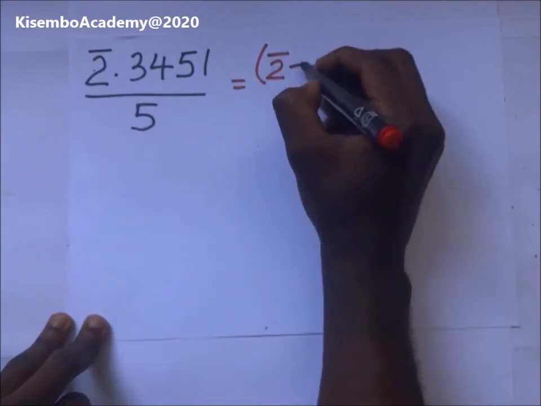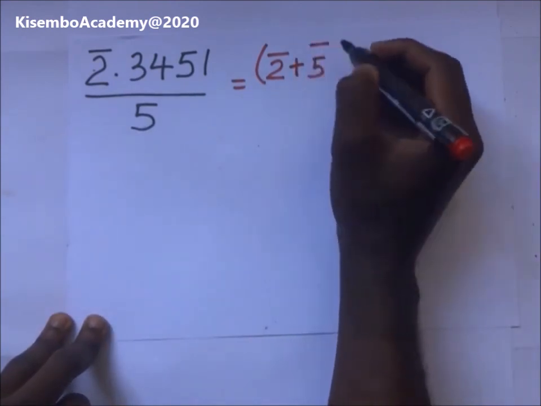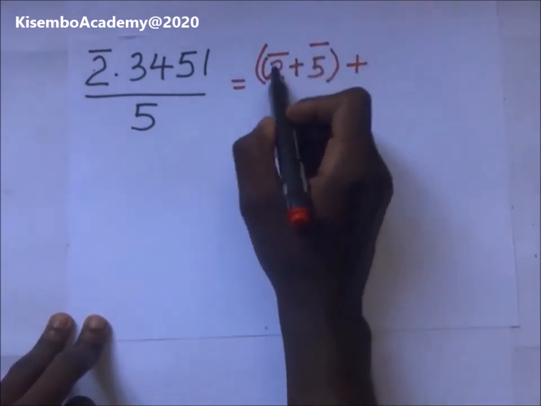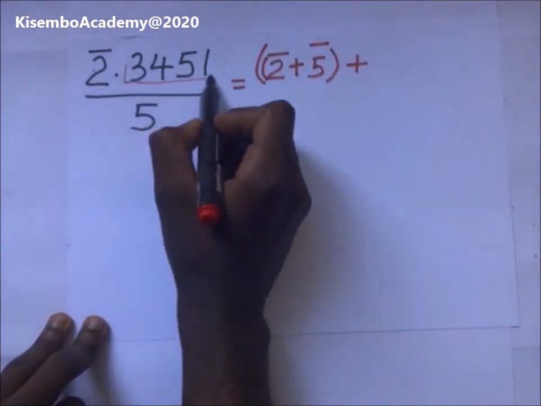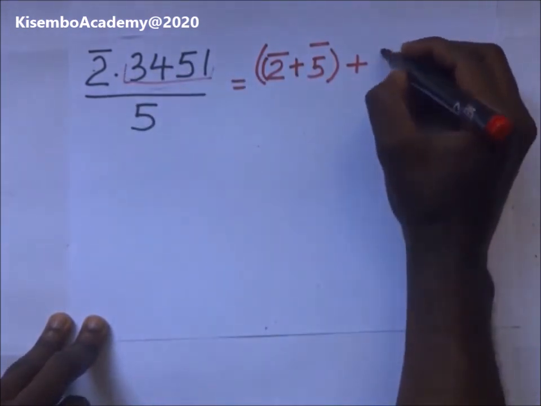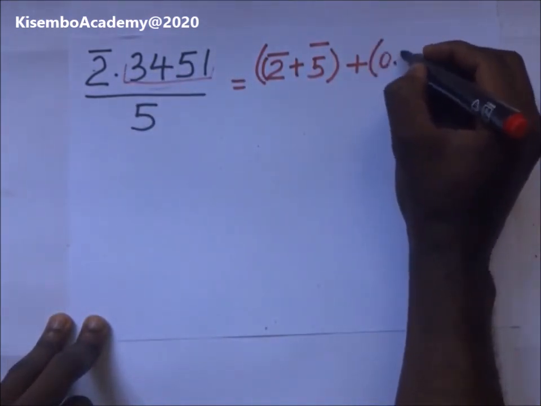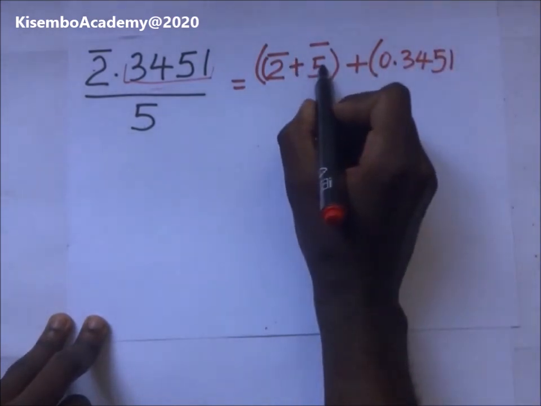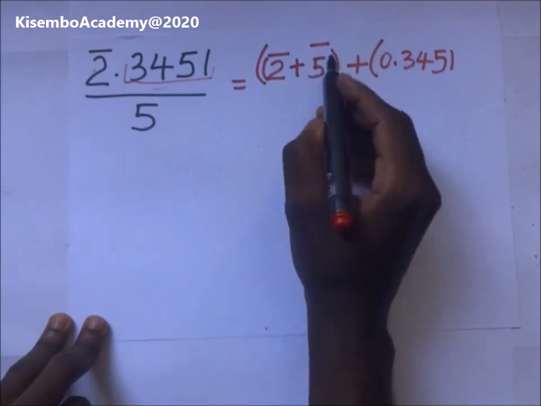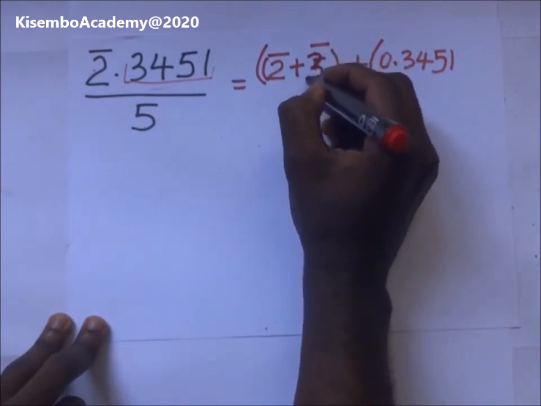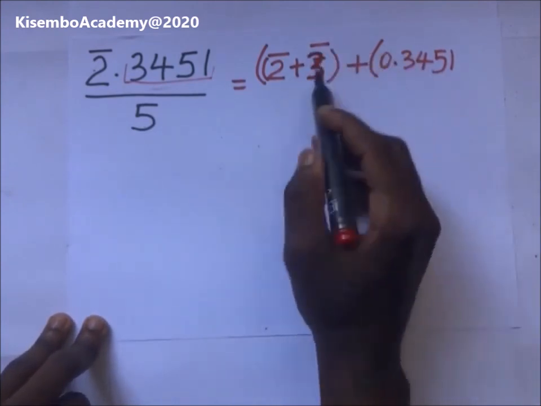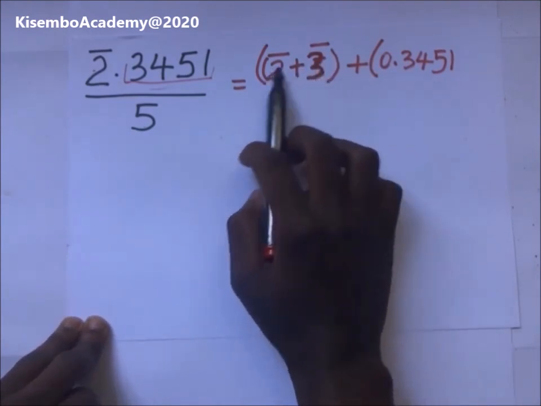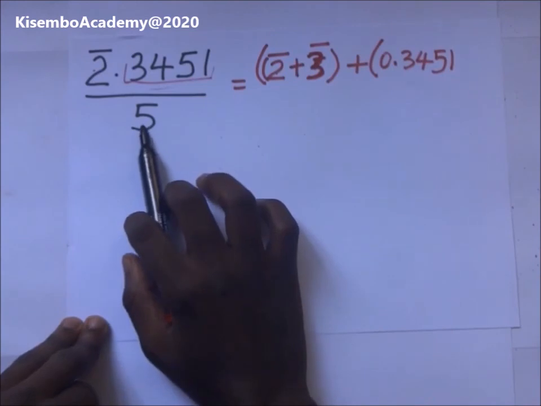So you shall have 5 bar plus, and this is the negative characteristic; then the mantissa we deal with separately. So it's going to become plus 0.3451. Since we added 3 to the characteristic, we are supposed to add 3 to the mantissa as well, so that 3 plus 2 is 5, because 5 is what is divisible by this.